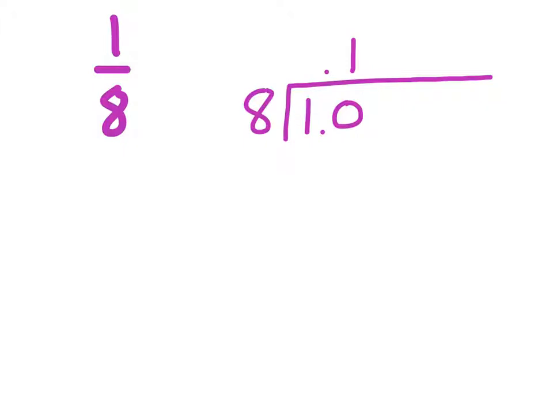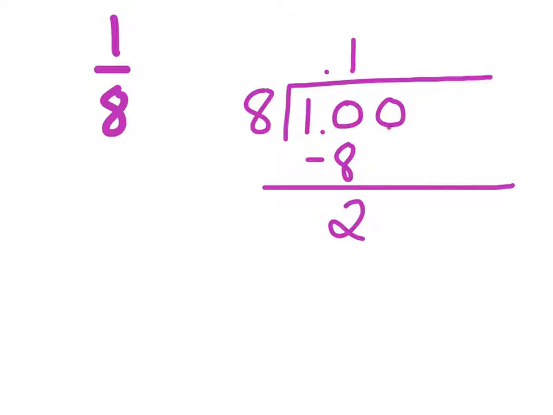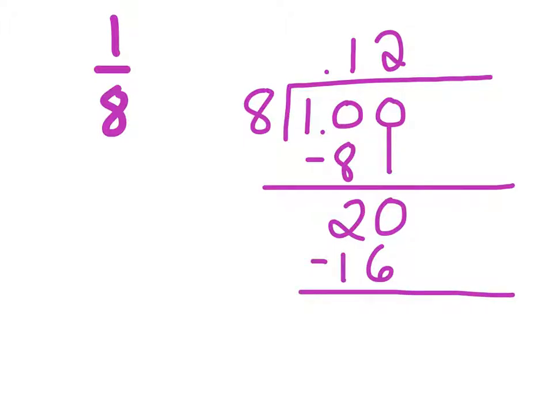8 times 1 is 8. Then subtract. 10 minus 8 is 2. We can add another 0 and bring it down. 8 goes into 20 2 times. 8 times 2 is 16. Again, making sure that we're keeping our place value in check here, 4.